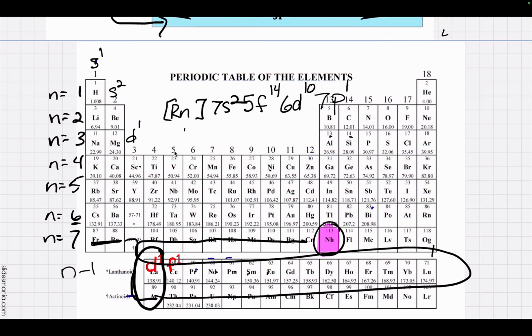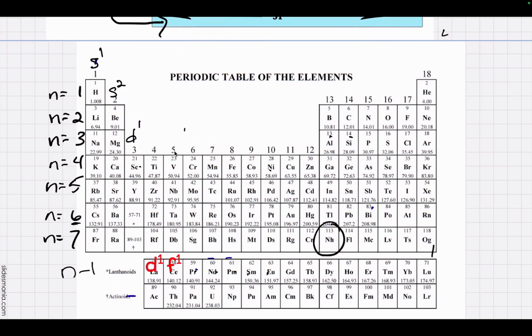Let's do another one. Now we're going to do platinum. And let me find platinum. Platinum is somewhere right here. So for this one, it's pretty straightforward. So we're going to have xenon be our noble gas, 6s2. And then we have to go through the f's again.